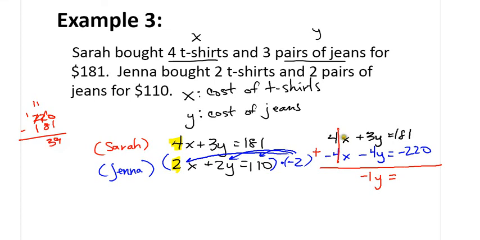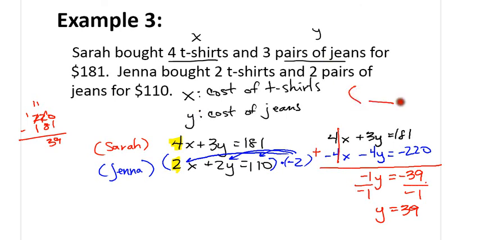So I find that negative 1y is equal to negative 39. And so y, when I divide both sides by negative 1, is equal to 39. What does that mean? That means that the cost of each pair of jeans is $39.